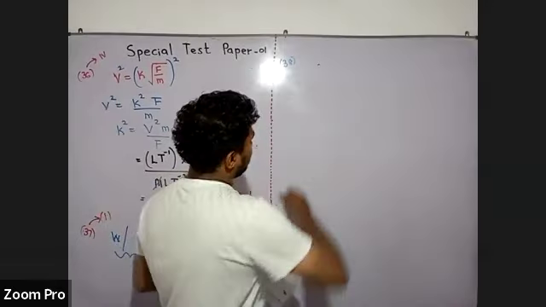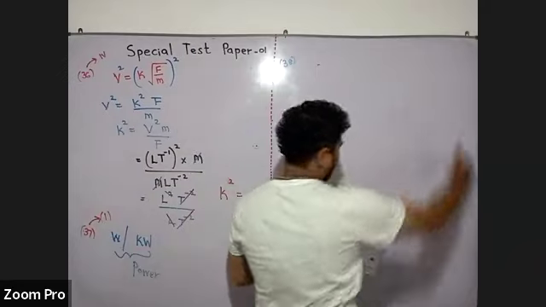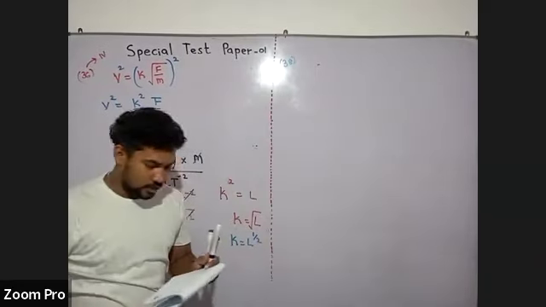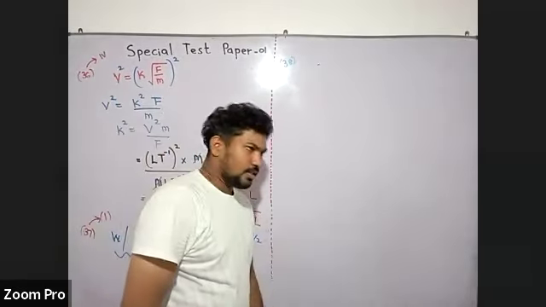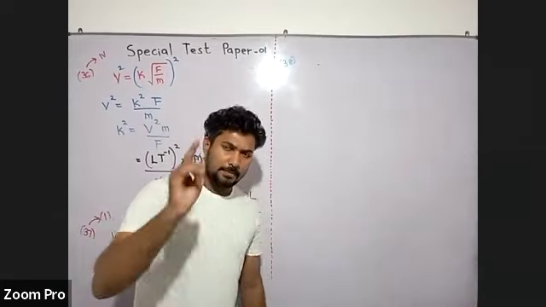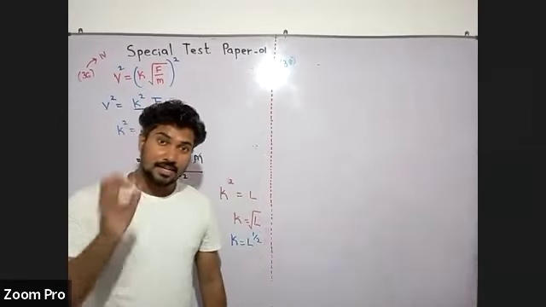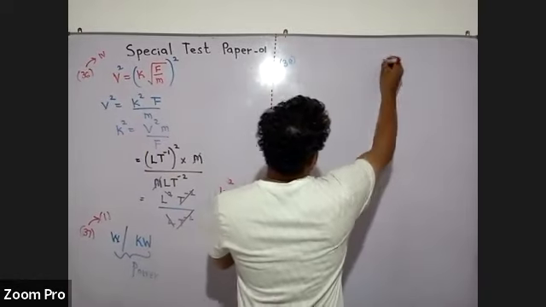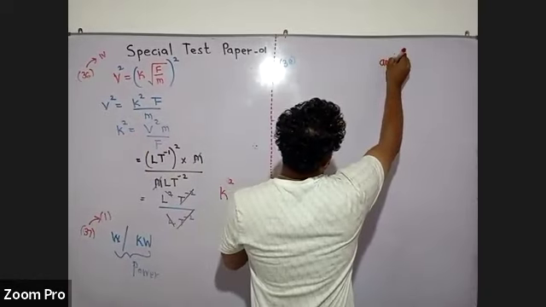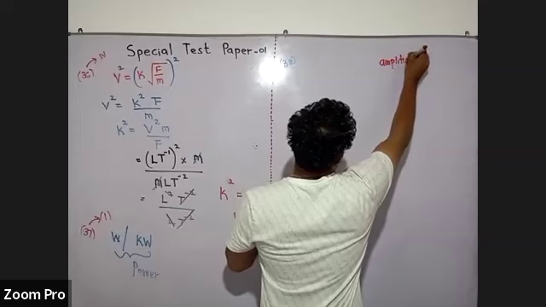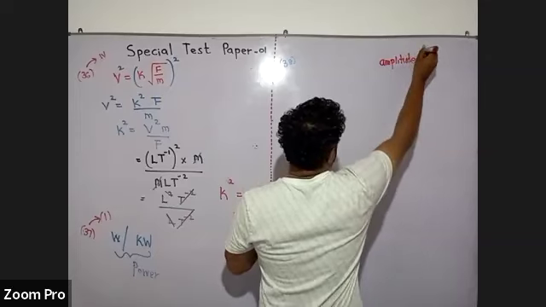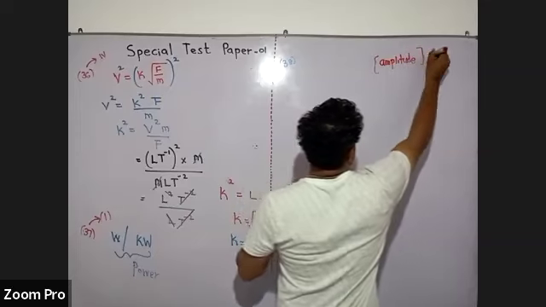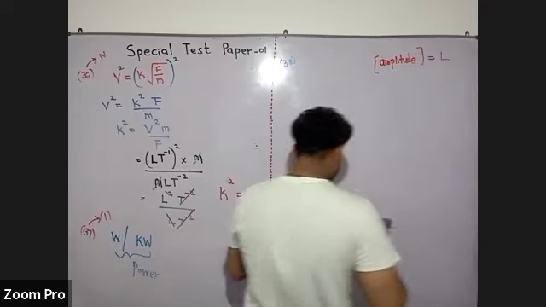Guys, there are some certain things that you need to know related to this question, that is amplitude. Keep in mind that amplitude is a kind of length. So the dimensions of amplitude is equal to L, right?